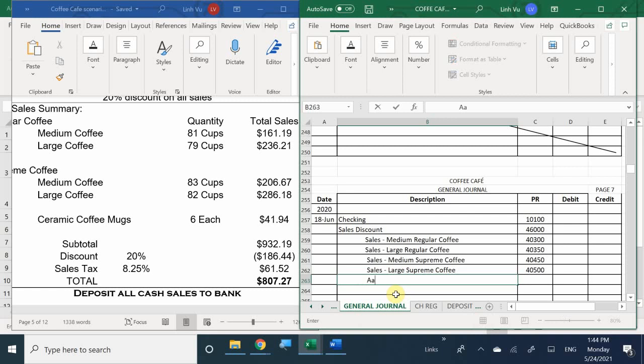I need to enter in my sales for my ceramic coffee mugs because I sold some. 4150. Then your sales tax payable. And then my sales tax payable.